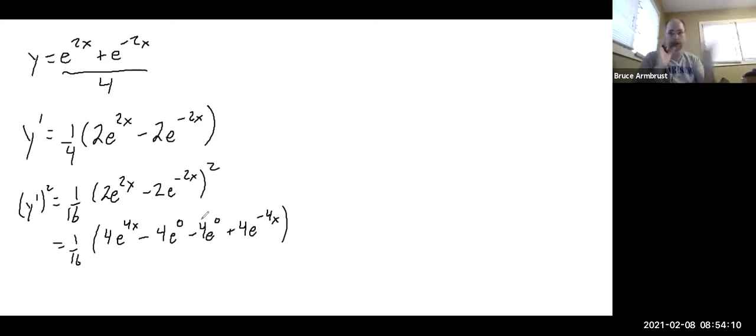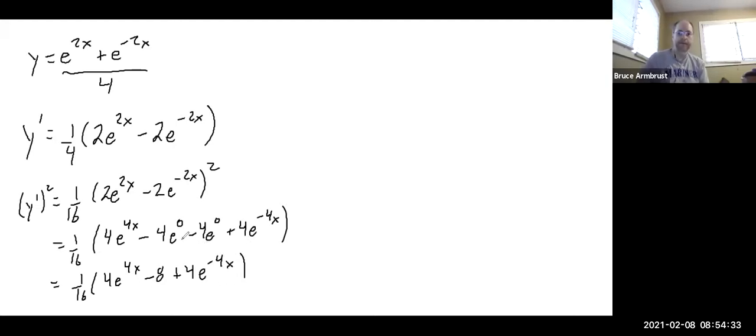Write out the two binomials, do your FOIL. This is what it's going to look like. So this is 1/16 times 4e to the 4x minus 8, because e to the 0 is 1. So we get minus 4, plus 4e to the minus 4x. All right, so there's our y prime squared.